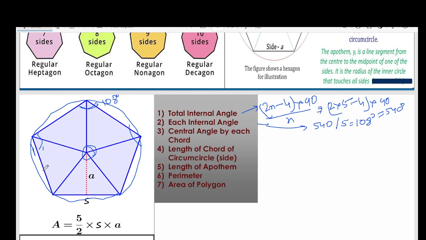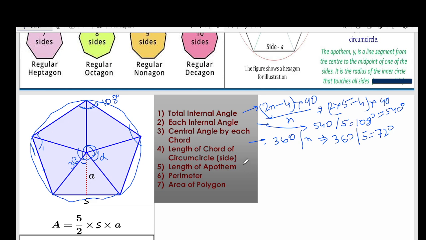For each chord, the center angle will be 360 divided by n. In this case, pentagon, 5, so 360 divided by 5. What will be the value? 72 degree. So each angle value is 72 degree, which means half of this is 36 degree. We generally term this alpha.